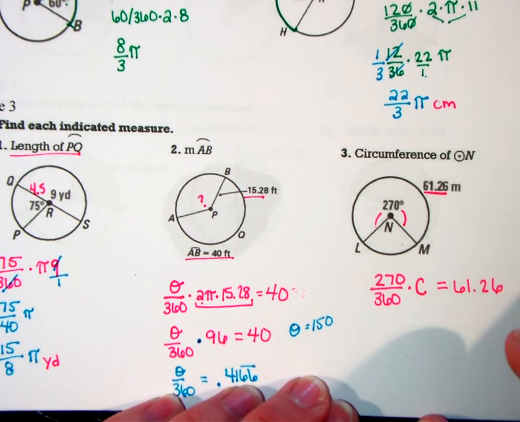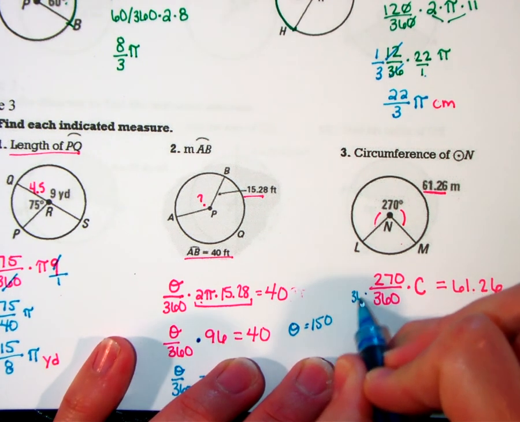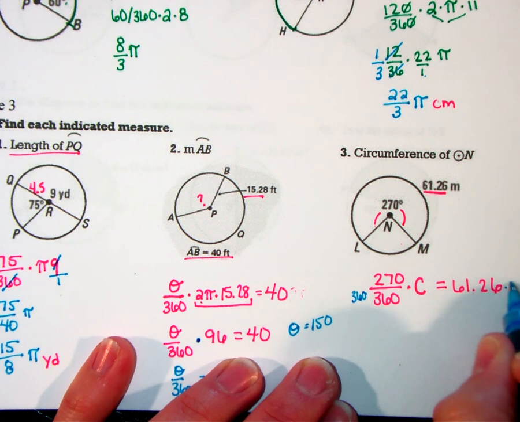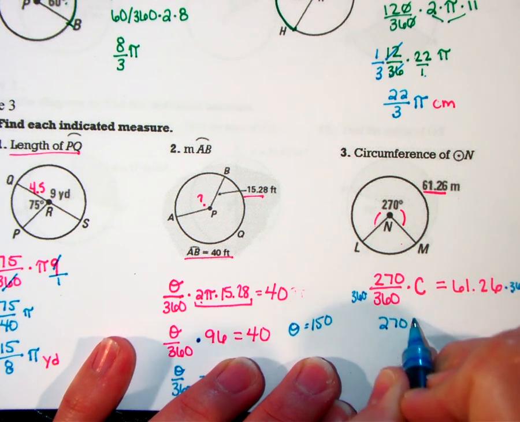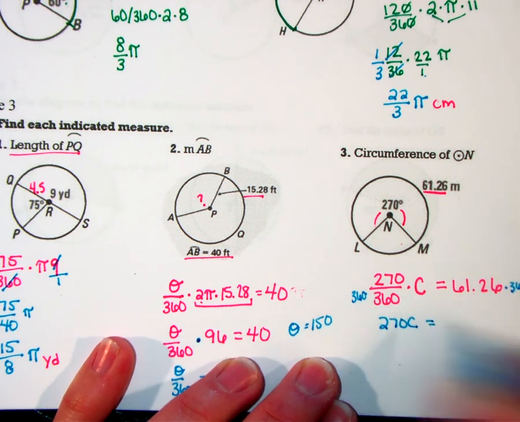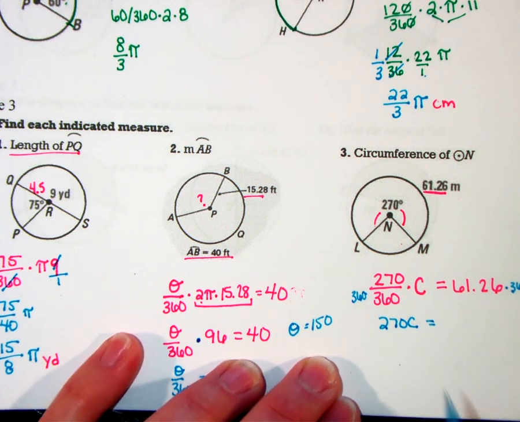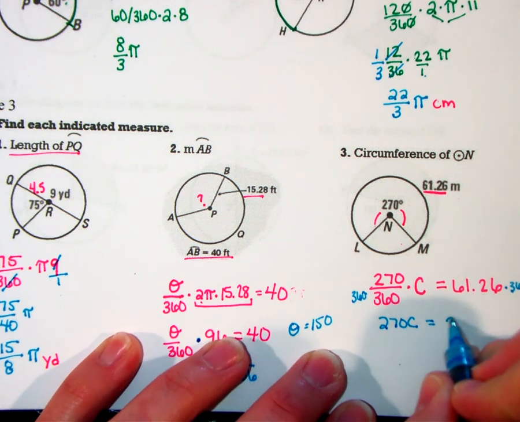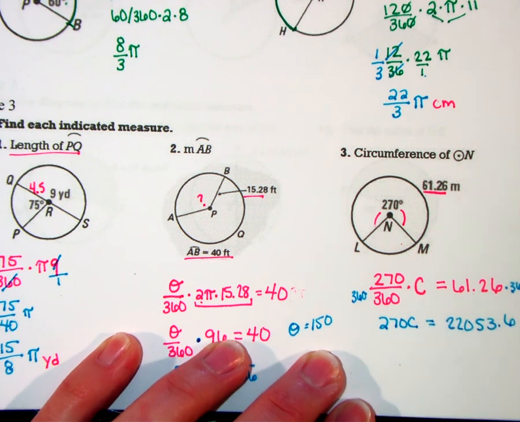So if I times both sides by 360, I'm going to multiply that out of the bottom. I have 270 circumference equals, it's a big number, 22053.6, so 22,053. And now I'm going to divide by 270.